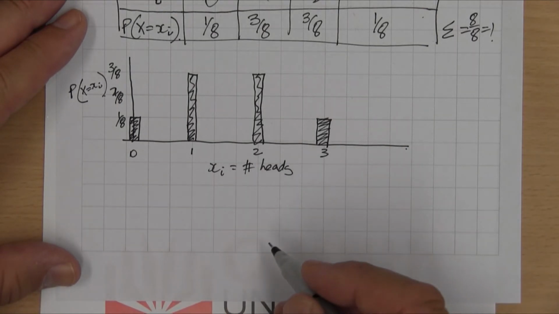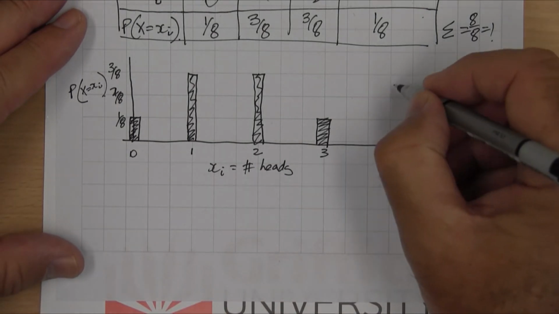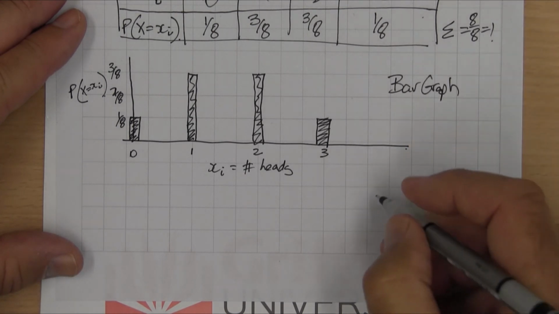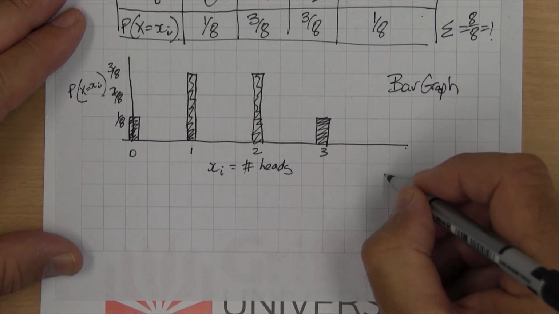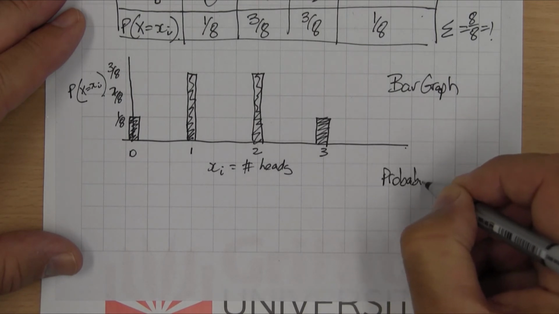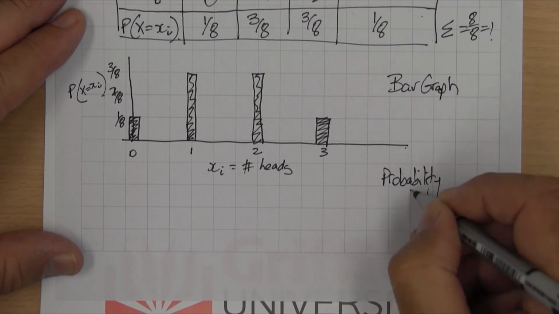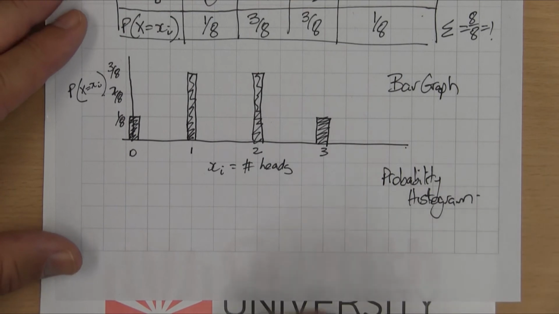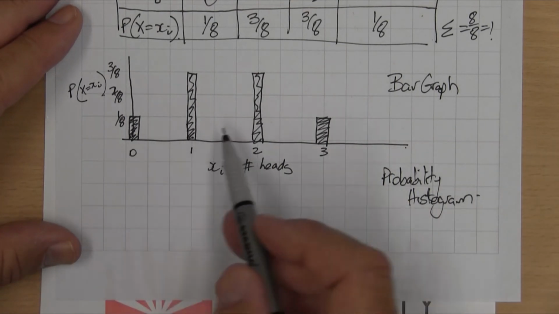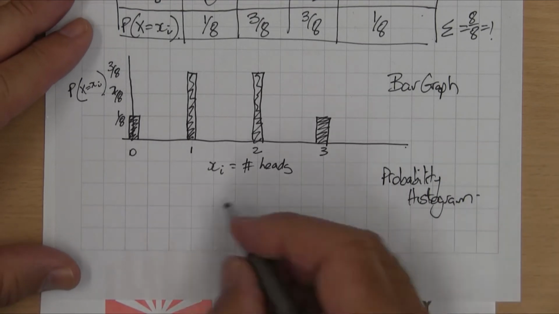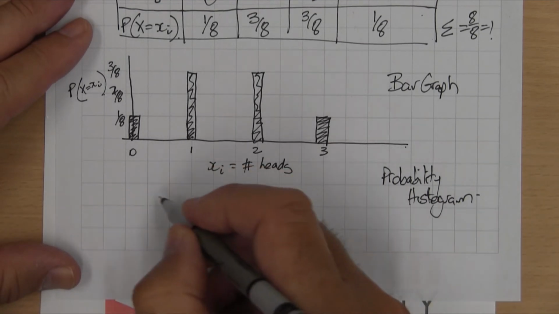Another variation on this, so this is a bar graph, is we can do a probability histogram. Now a histogram, if you like, has wider columns and they must join. In a histogram, the columns actually join.